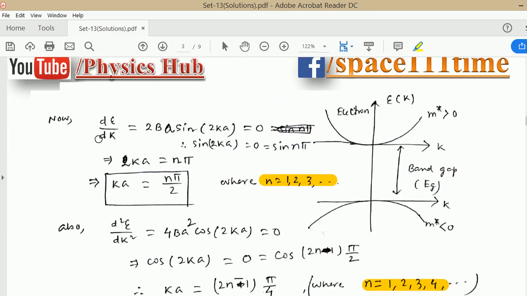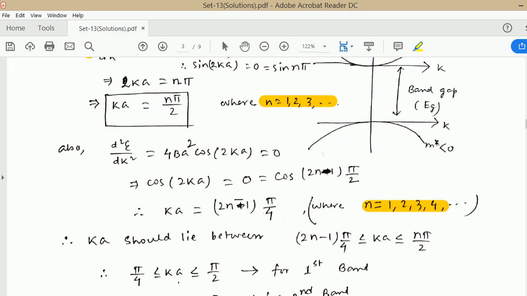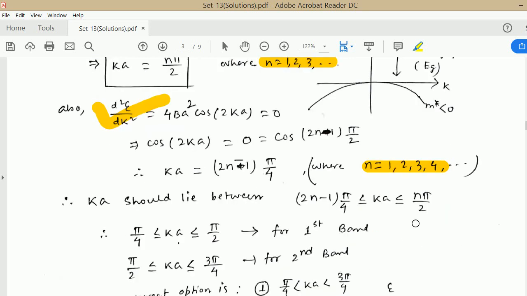From this condition we are getting this, and from this condition we are getting this. So k should lie between (2n−1)π/4 ≤ k ≤ nπ/2. Now we will put the value of n. Suppose we put n equals 1. So π/4 ≤ k ≤ π/2.